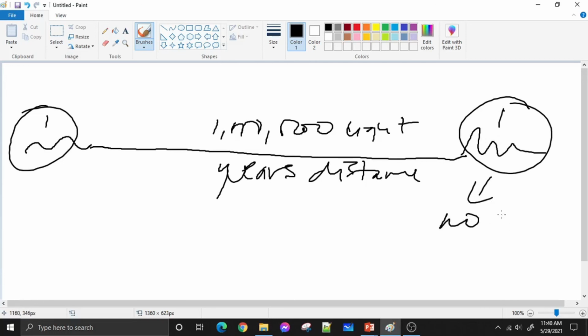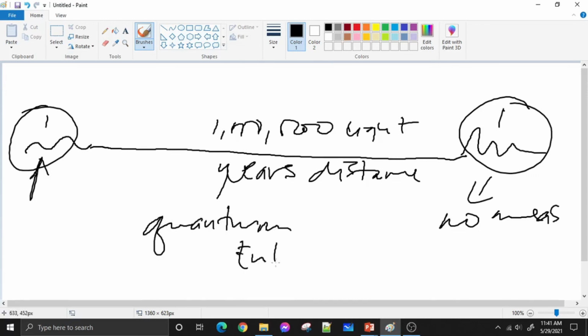No measurement will be done on this wave because we already measured the wave here, and we confirmed that its value is 1. Therefore we can already declare that the value of this wave is also 1 because of quantum entanglement.